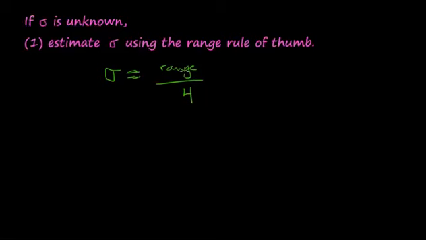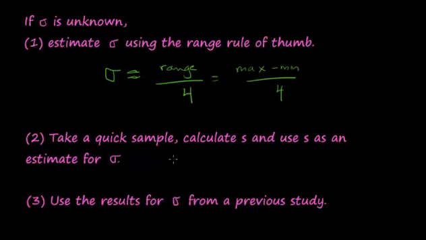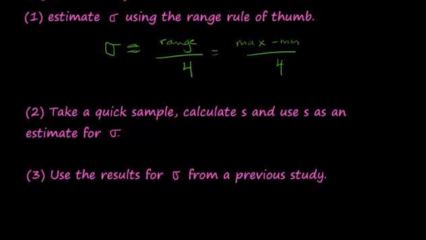So if you have your data and you can calculate the maximum value minus the minimum value, and divide that by 4, then that's a reasonable estimate for the standard deviation. And then you could go calculate n using that value for sigma. Or you could just take a quick sample, calculate the sample standard deviation, and use that as an estimate for sigma. Or you can use the results from a previous study.